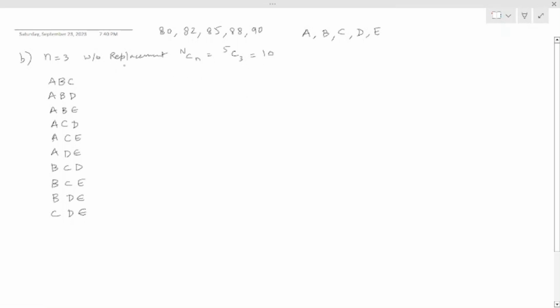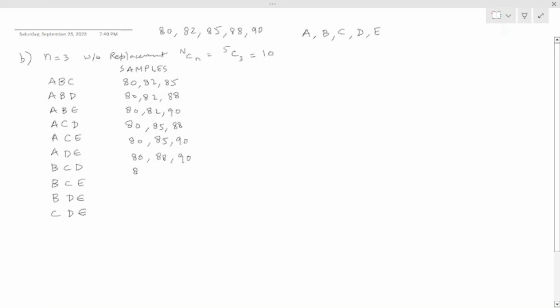Now changing the alphabets to the numbers, we can list the samples of size 3 in numbers: 80, 82, 85, then 80, 82, 88, then 80, 82, 90, then 80 with 85, 88, then 80 with 85, 90, then 80 with 88, 90.